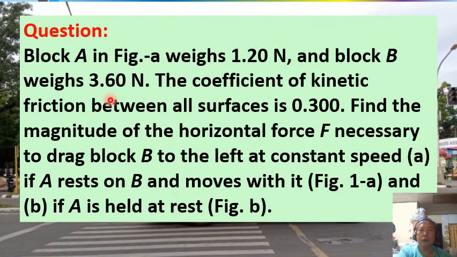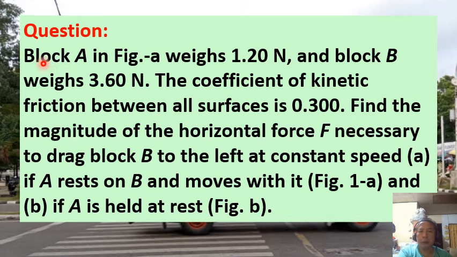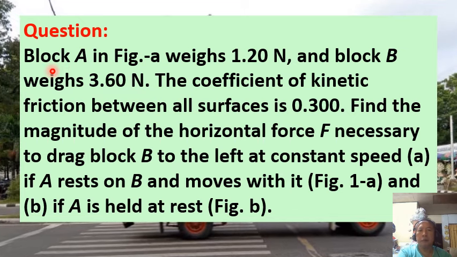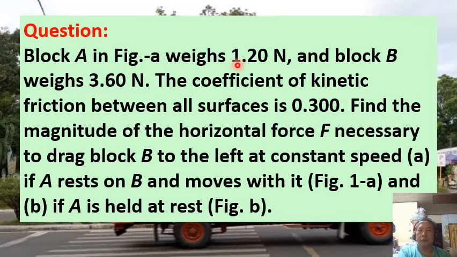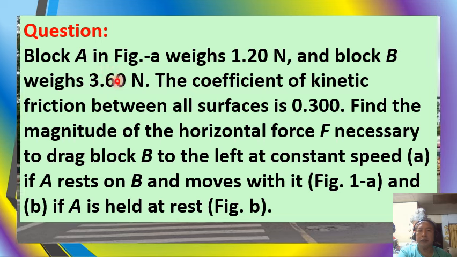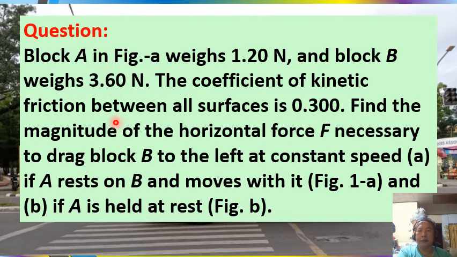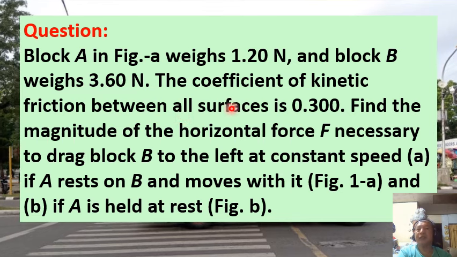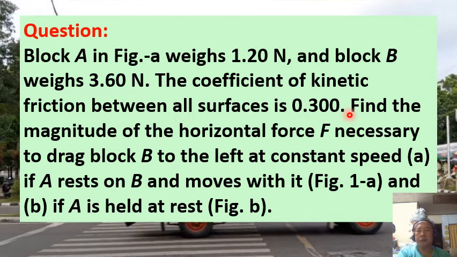So moving on to our main problem. We have here the question. Block A in figure A weighs 1.20 newtons and block B weighs 3.60 newtons. The coefficient of kinetic friction between all surfaces is 0.300.